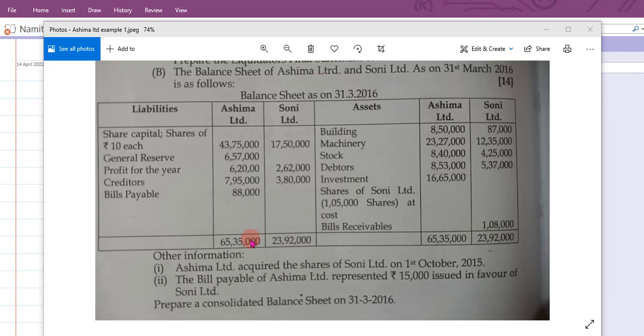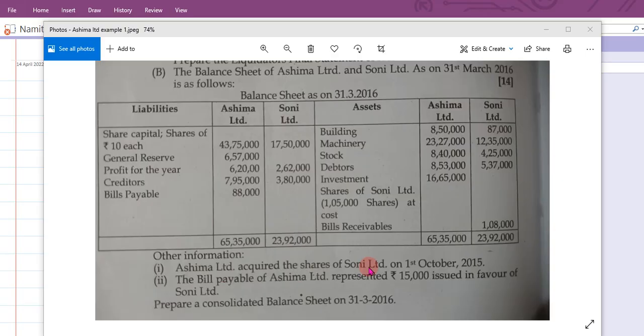In this example, Anshima Limited is the holding company. See, in the other information, point number 1 says that Anshima Limited acquired the shares of Sony Limited on 1st October 2015. So that means Anshima Limited is the holding company and Sony Limited is the subsidiary company.